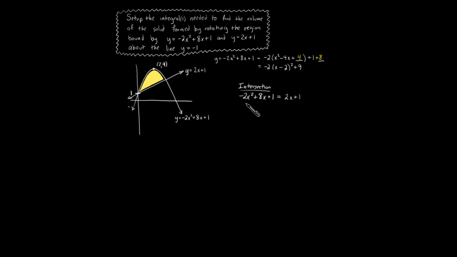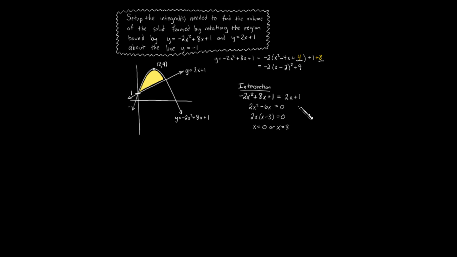That intersection happens where these two functions, negative 2x squared plus 8x plus 1 and 2x plus 1, agree in height. And so we simply set the y coordinates equal to one another, and we can solve that. And of course, that's just a quadratic equation, so that shouldn't be too terribly difficult to solve.